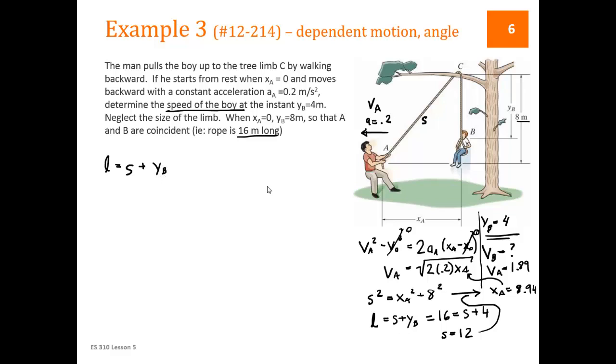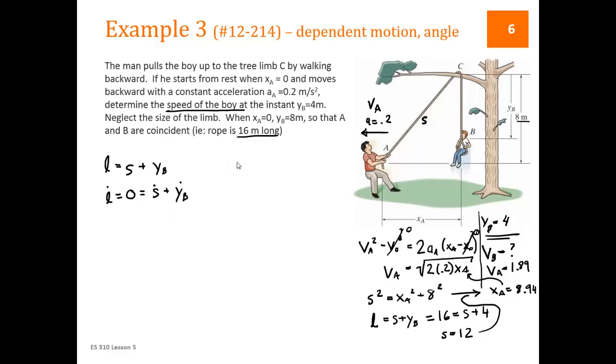Okay? So if we take the derivatives, we get L dot, which is equal to 0, is equal to S dot plus YB dot. YB dot is what we're looking for. That's our velocity. Question is, what is S dot?